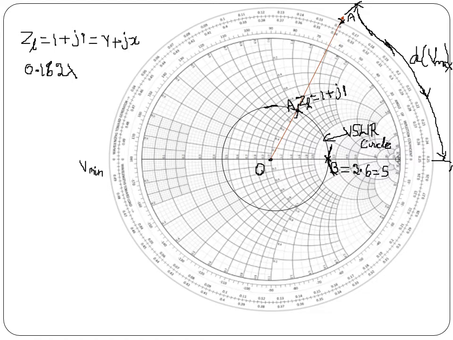Therefore, the distance from the load end to the Vmax is 0.25 minus 0.162 lambda.